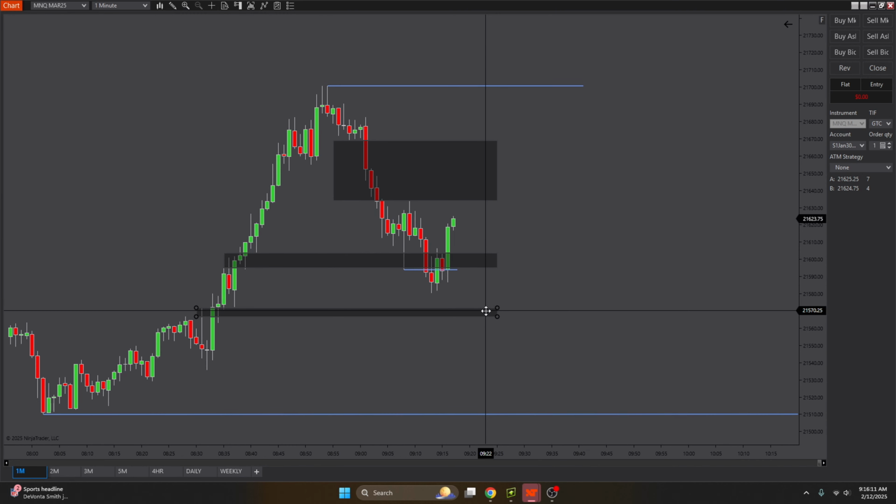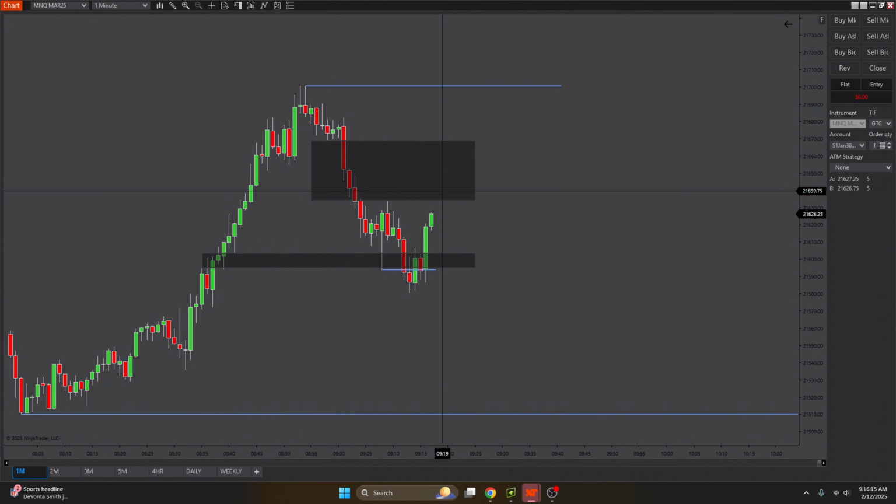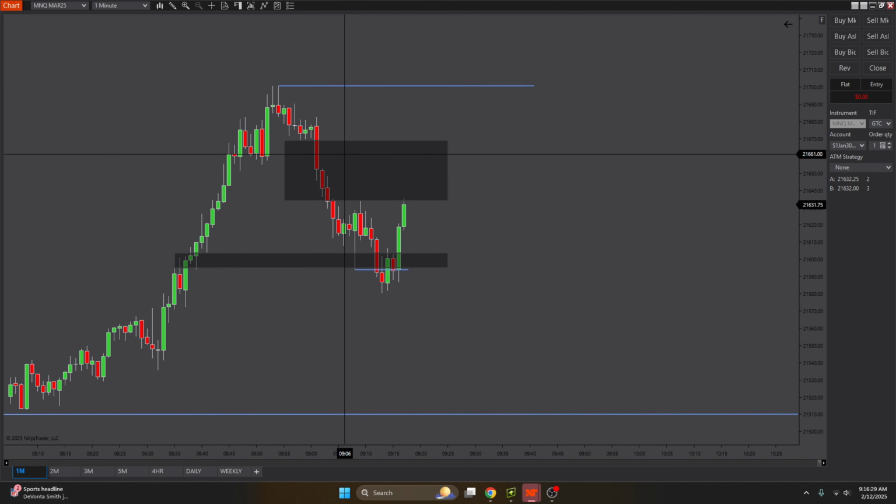I don't really like it, but it's fine. Tap into this 5-minute right here. What's your bias? I want to see higher prices. Again, I want to see that hourly fair value gap tapped into up here. We are tapping into that 5-minute, but look at this candle structure coming out of here.